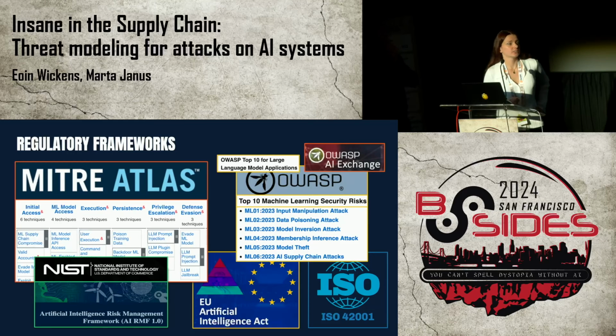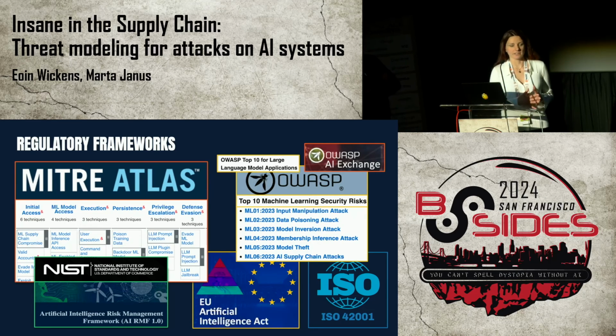And then we have a lot of regulatory frameworks and security frameworks for AI. MITRE Atlas is one of the biggest ones. It's based on the MITRE ATT&CK framework, which probably most of you are familiar with. So it encompasses some tactics and techniques and case studies and mitigations for attacks that are specifically targeting AI systems.